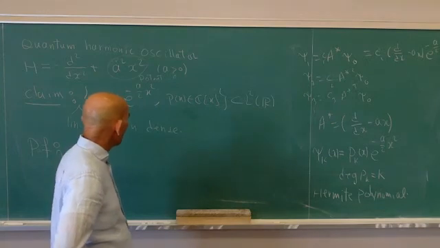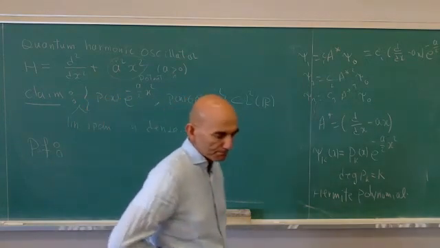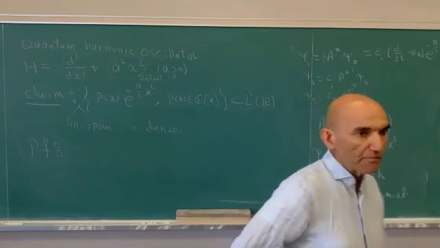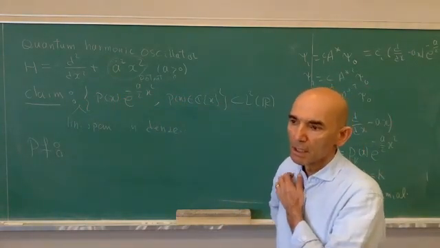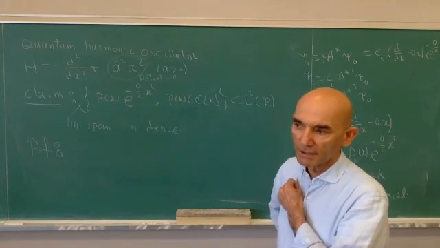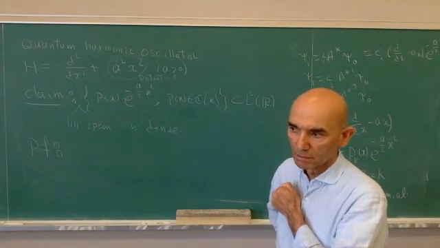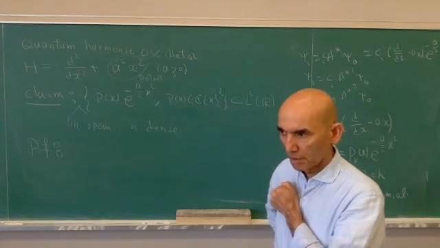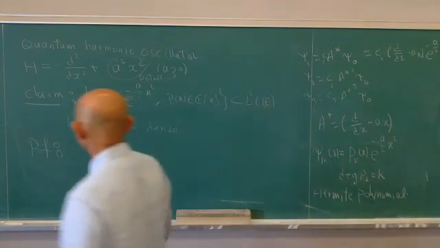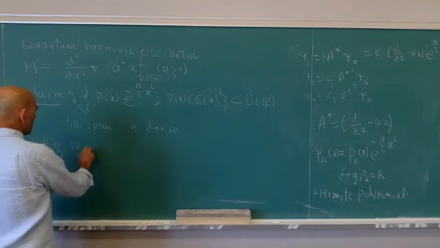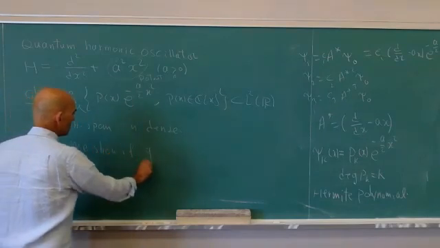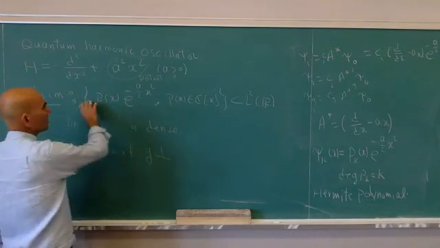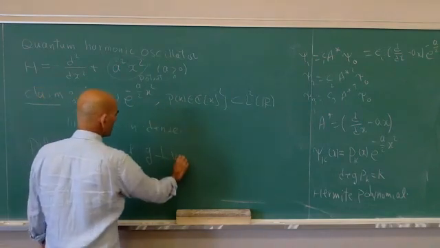The way to do this is to show that if a function is orthogonal to all these things, then that function is 0. So we show, let's call this subspace W.